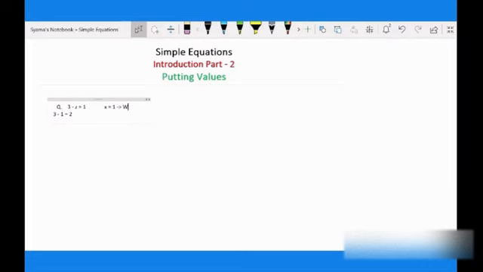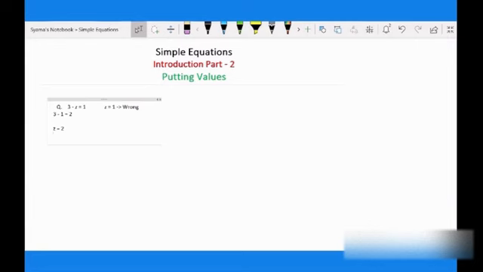Now if we take another value, z is equal to 2. Sorry, I put it as x, but it's z. Now we need to substitute the value 2 in the place of z and check if the answer is correct or not.